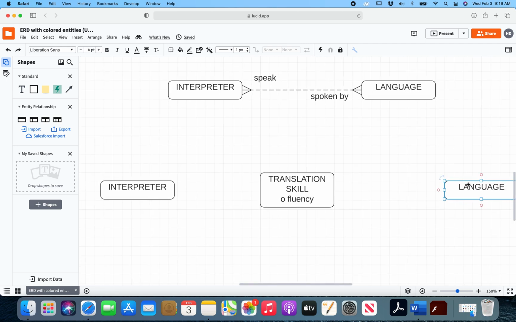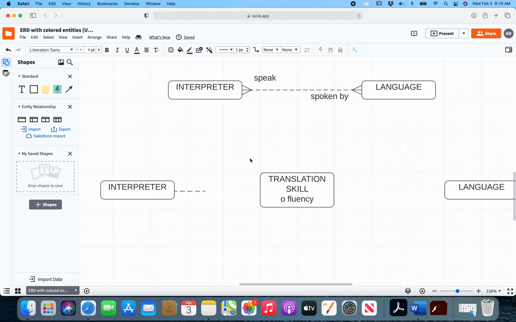If our agency offers translators or interpreters who can speak French, Spanish, Russian, German, all those, it's not realistic to think that every single interpreter is going to know all of those languages. So the interpreter may have translation skills. So we're going to use a dashed line for this one, because there's some wiggle room for instances where they may not know every language.